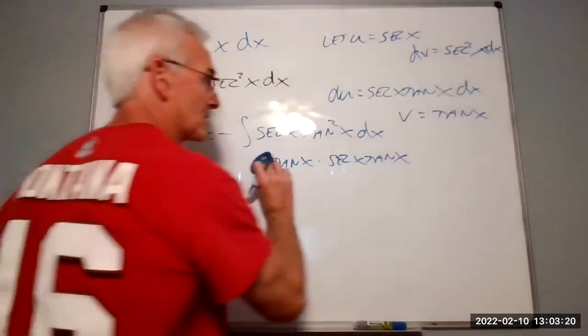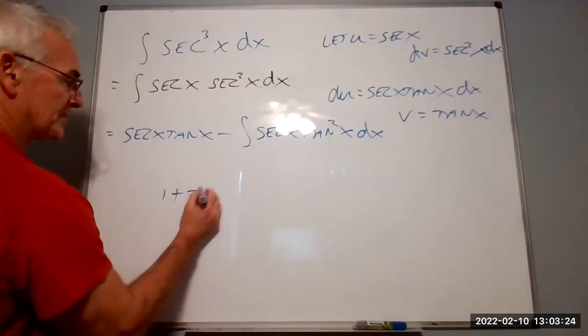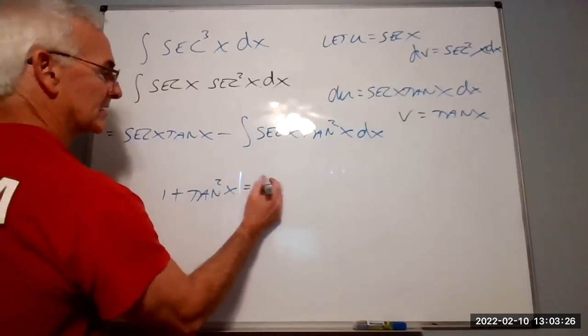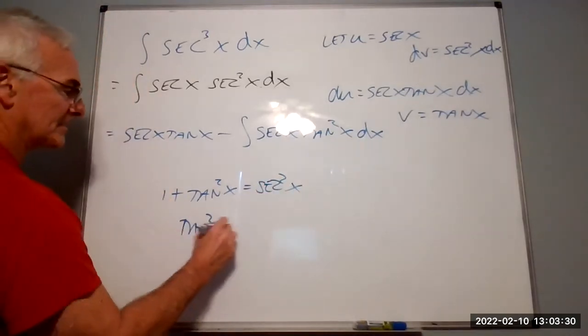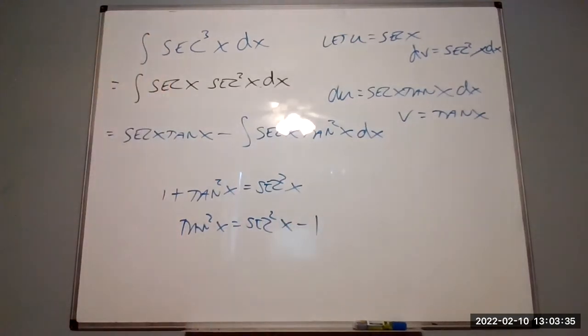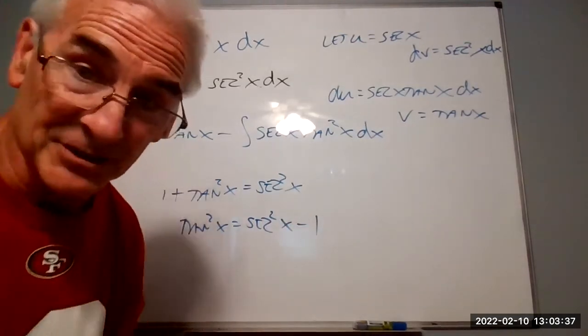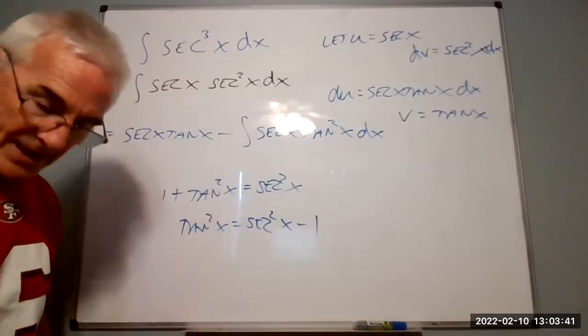I think what's a better idea is use the fact we know that 1 plus tan squared x is secant squared x. So that means that tan squared x is secant squared x minus 1. Okay? That actually is a better way to go. I've done this problem before. I'm vouching for that.